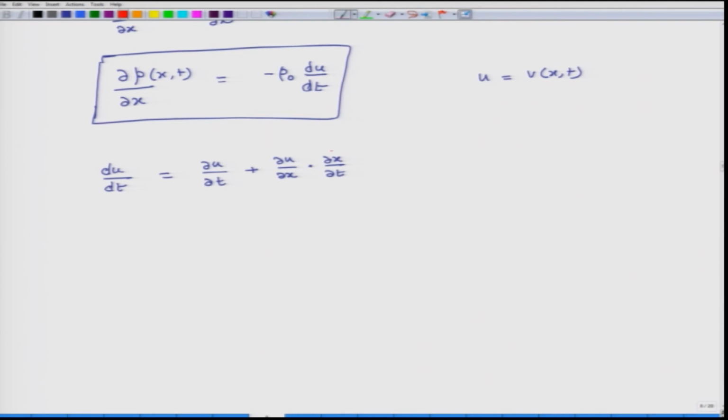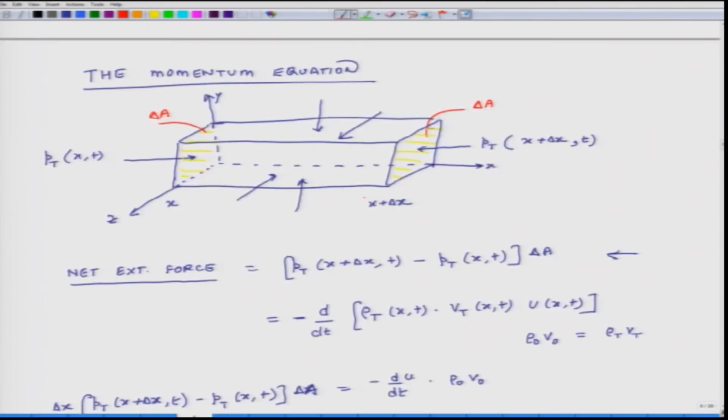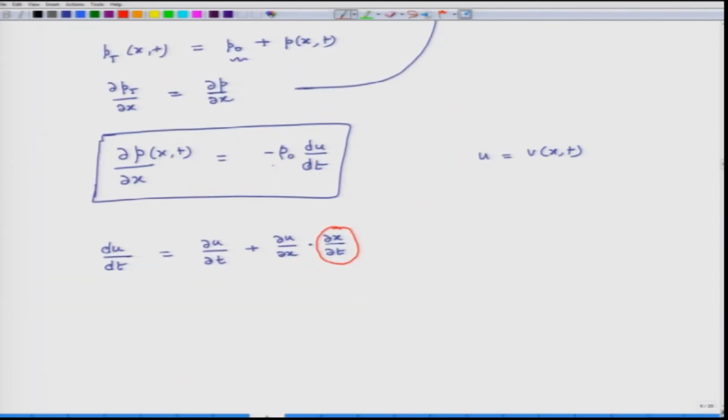Now, think about this term del x over del t. What does x represent? X represents the position of this fluid particle in Cartesian space. In the Cartesian coordinate system, it is the location of this fluid particle which x represents. So, if x changes, then the location of the fluid particle is changing, right. So, it is the position.